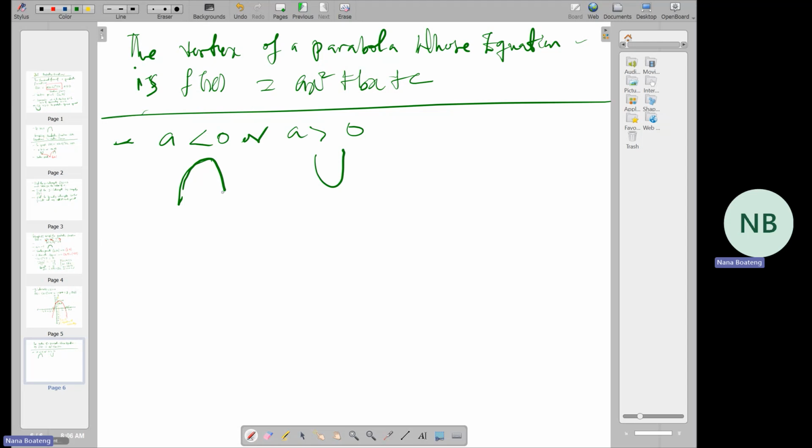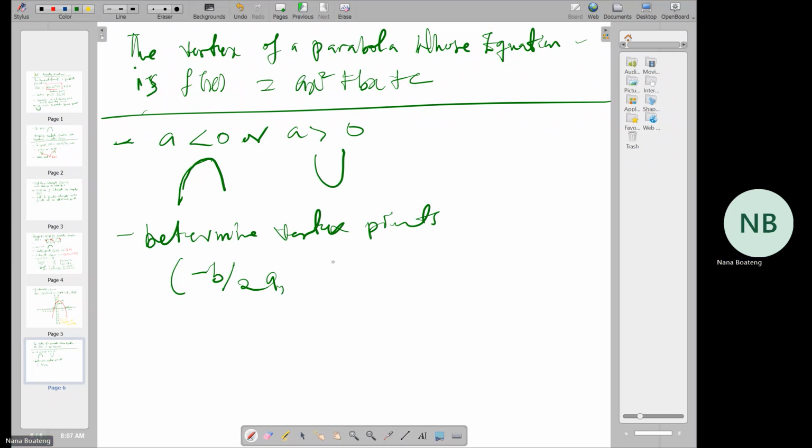And we have to determine the vertex points. We determine the vertex points using the formula: minus b divided by 2a, and f of minus b divided by 2a.